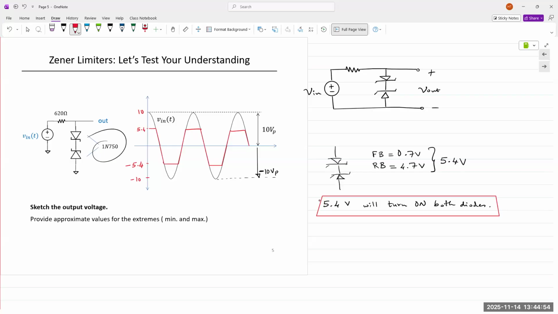Once it crosses 5.4, the diodes turn on and become a short. All the current flows through the diode, nothing goes to the output. The only thing at the output is a constant level of 5.4 volts. So you see 5.4 volts, and then the same thing happens in the negative cycle. So you have a clipped waveform.